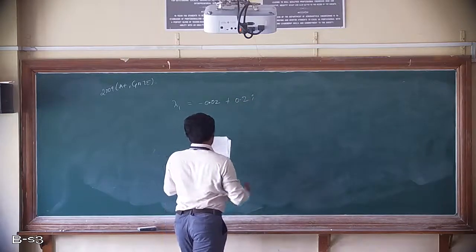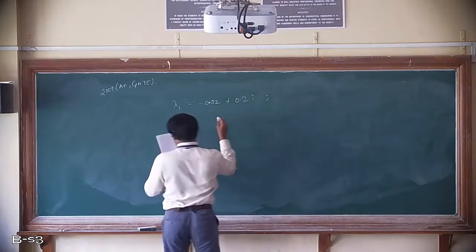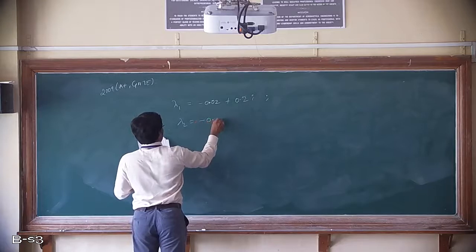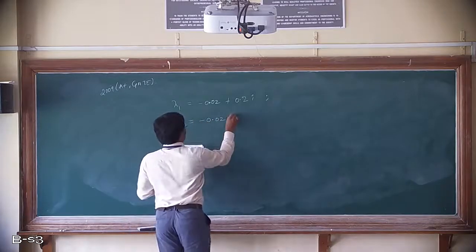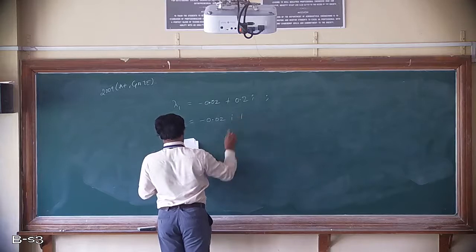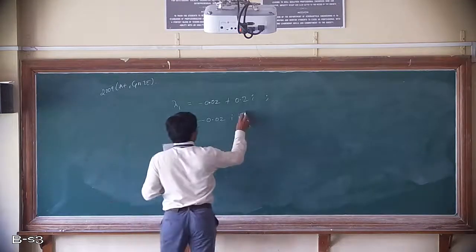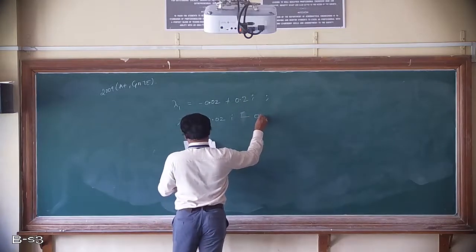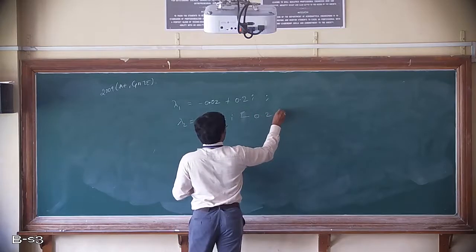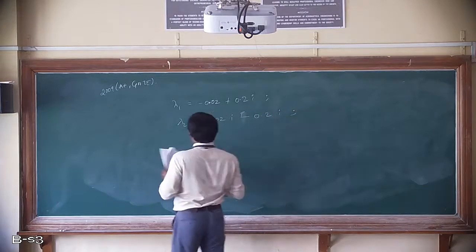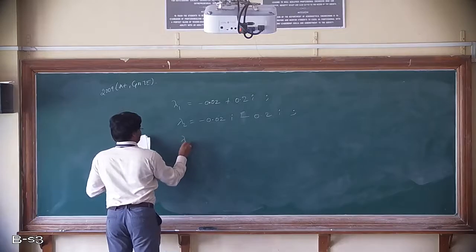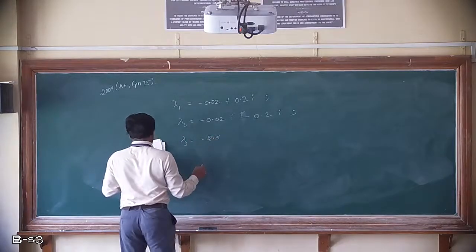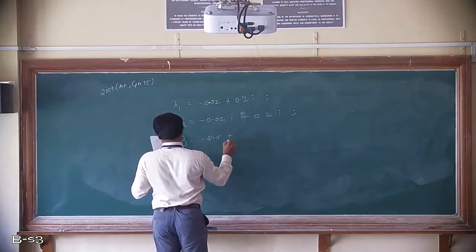Lambda 1 is equal to minus 0.02 plus 0.2 i. Lambda 2 is equal to minus 0.02 minus 0.2 i.